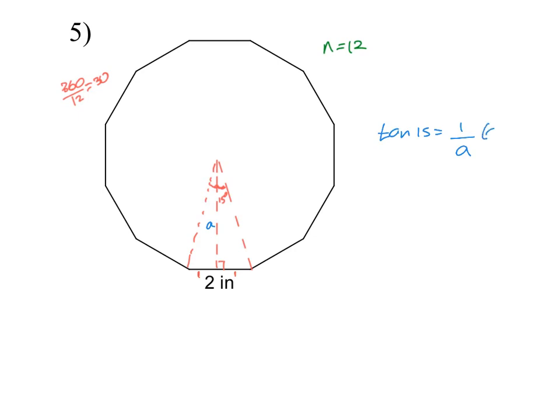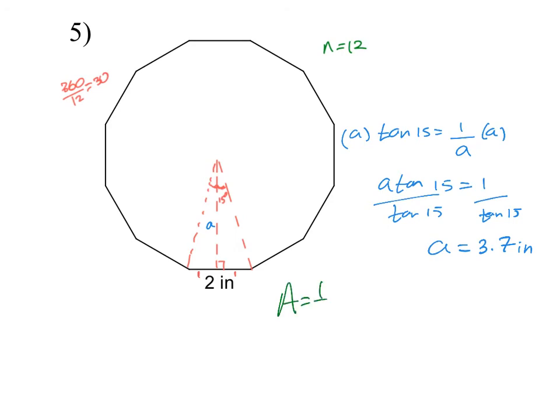I'm going to multiply times a on both sides, so a tangent of 15 equals 1. Then divide by tangent of 15 on both sides. So a equals 1 over tangent of 15, approximately 3.7 inches. So my area equals 1/2 times 3.7 times 2 times 12, which equals 44.4 inches square.